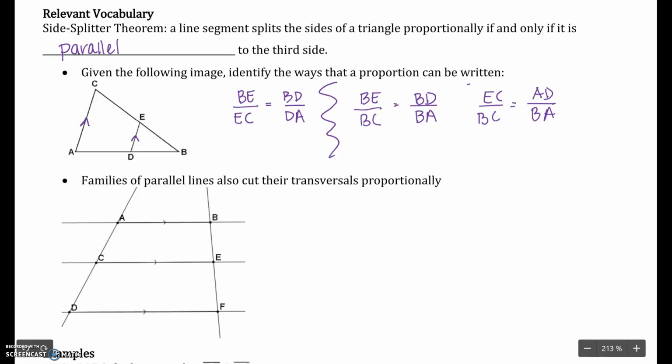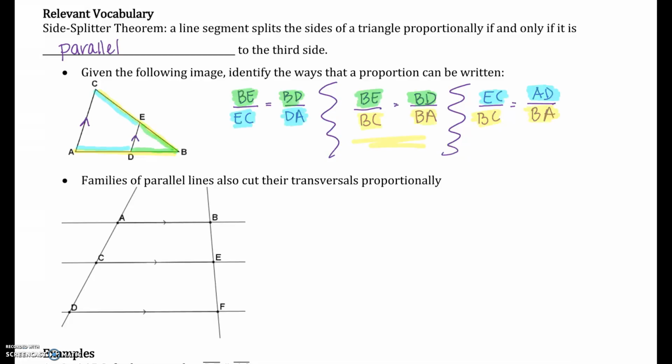So all three of these are totally valid proportions that I could use to find the values of the sides that are on the outsides of the triangle, not the parallel lines. Okay, if you're using the parallel lines, you have to use the entire lengths, like in this one. And here I've color-coded it so you can see a little bit better what I'm talking about.